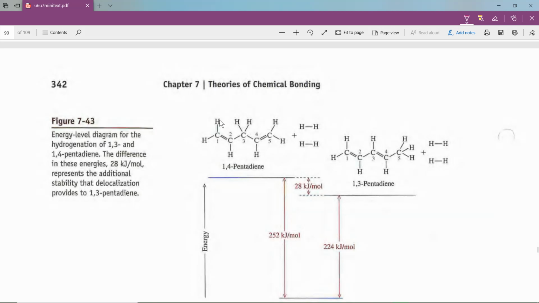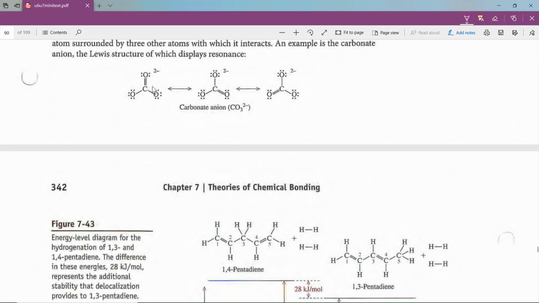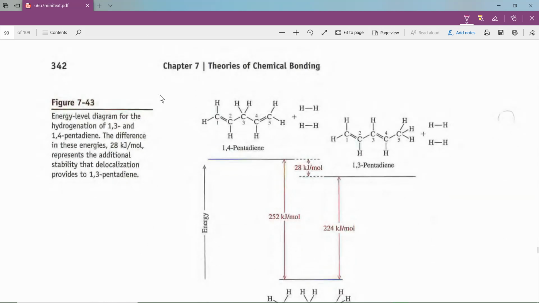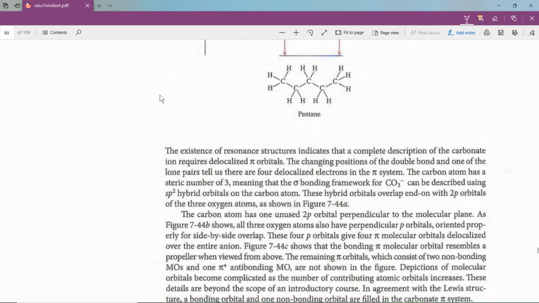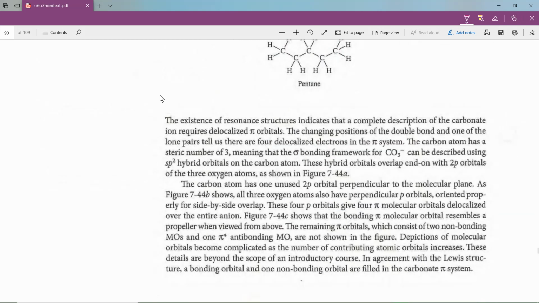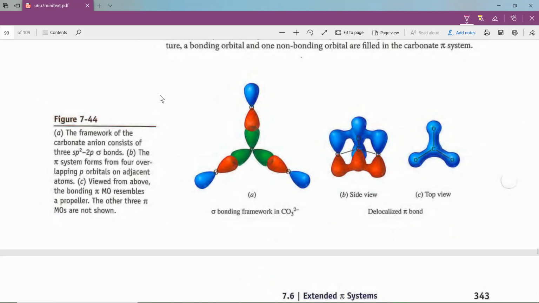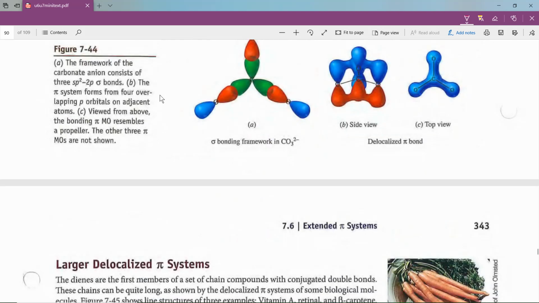So this resonance structure here, central atom with 3 other atoms with which it interacts, and that is an example of a delocalized system. So that's a different setup. We have 1,4-pentadiene, 1,3-pentadiene, the one which is then pentane. Okay, so that's just a bit more about CO3 2-, showing various resonance structures.